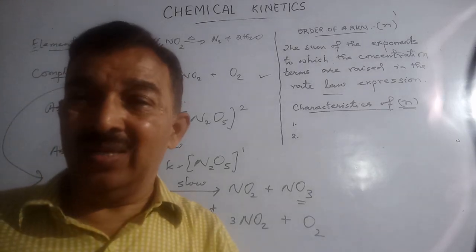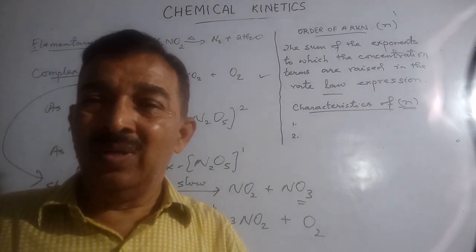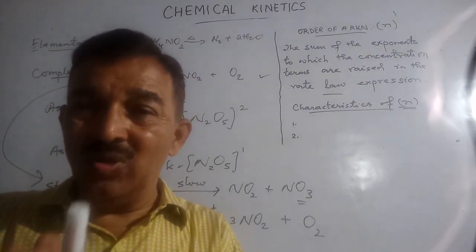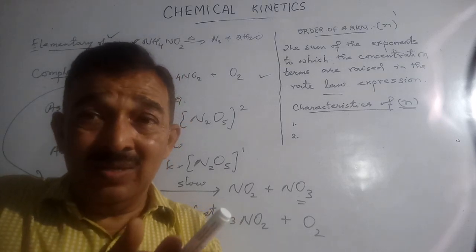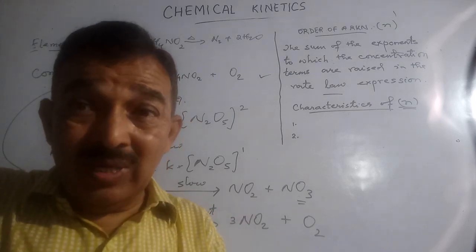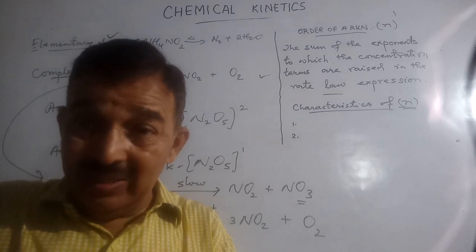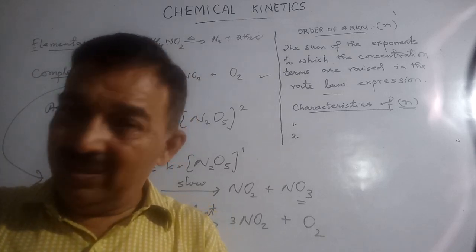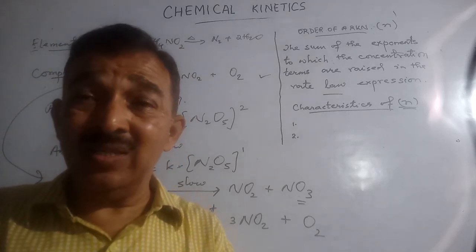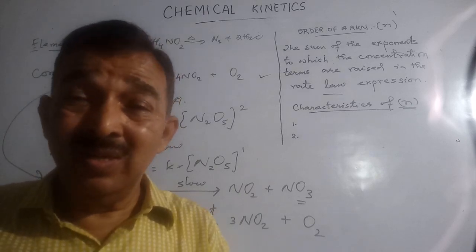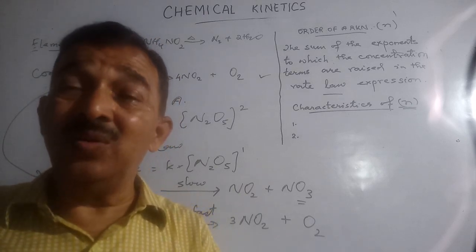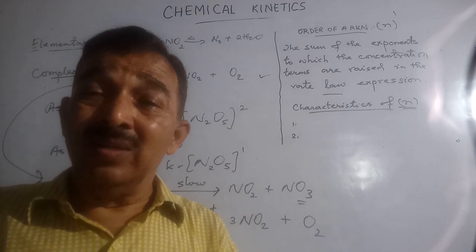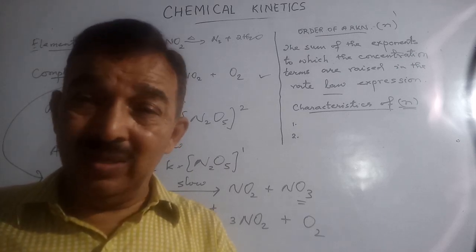We know that the slow step is the rate determining step because it takes some time, and for the slow step we can easily calculate the reaction rate. But for a fast reaction, where the time is very less, it is difficult to calculate the reaction rate.